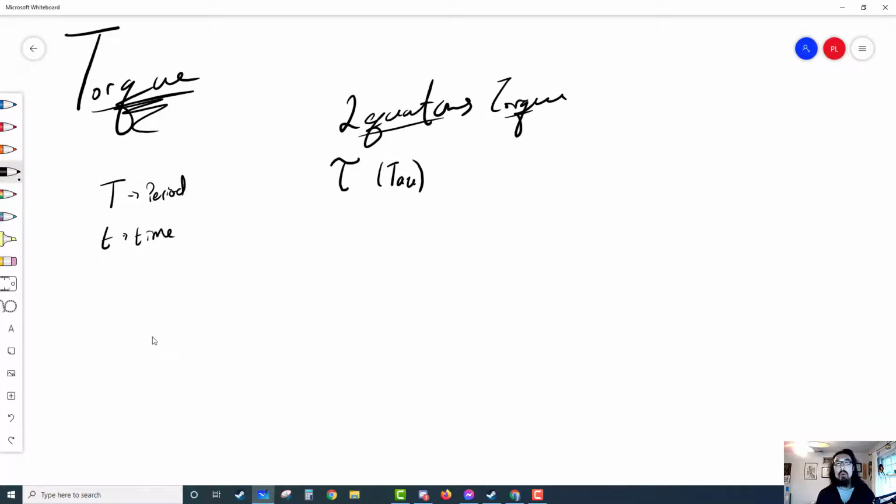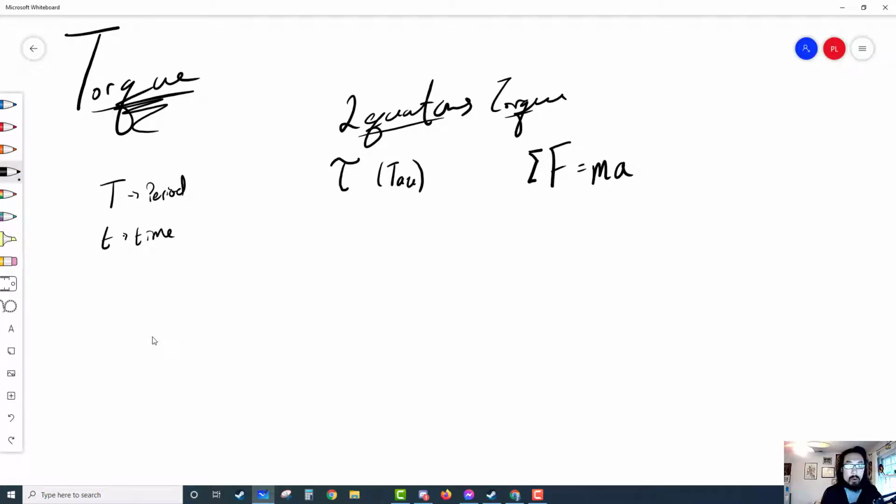Okay, so torque. What is torque? If you remember from the kinematics video, there are a lot of analogies between the linear, translational stuff and the rotational stuff. So let's take a look at the linear version. Torque is analogous to force. The net force is equal to the system's mass times the acceleration, and the same is true for torque.